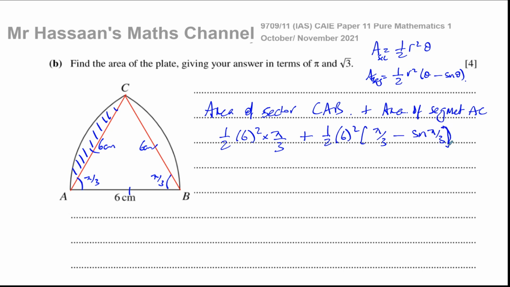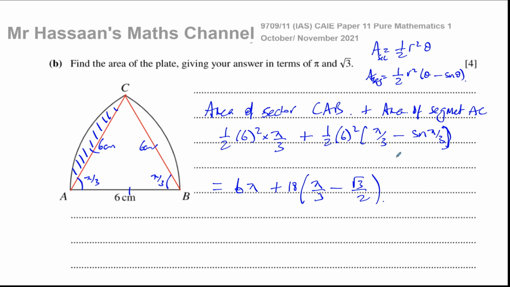That should give us the area we're looking for. So that's a half times 36, which is 18. 18 divided by 3 is 6, so that's 6 pi. Plus 18 times pi over 3 minus sine of 60, which is root 3 over 2.